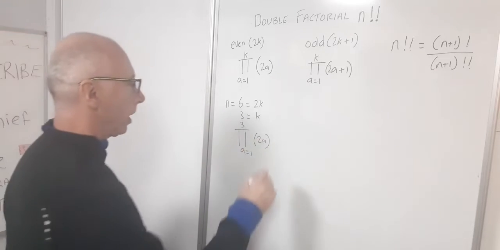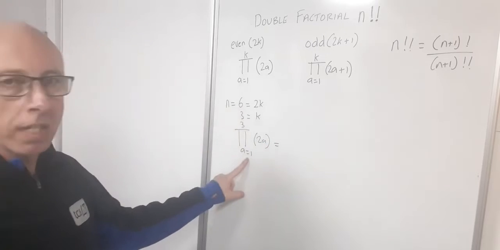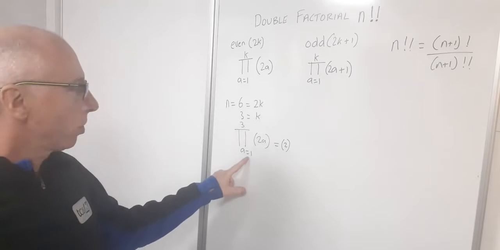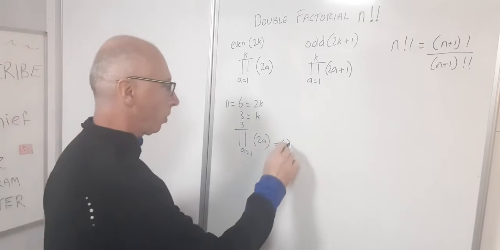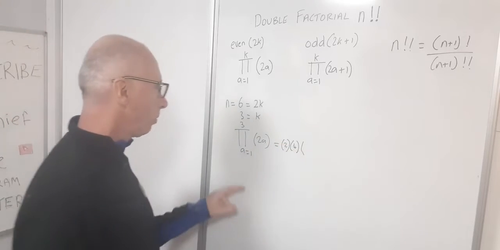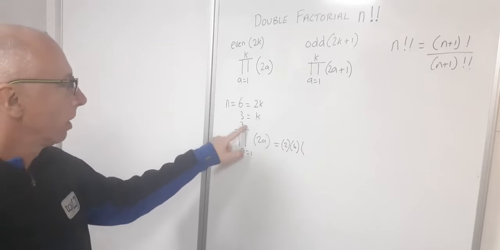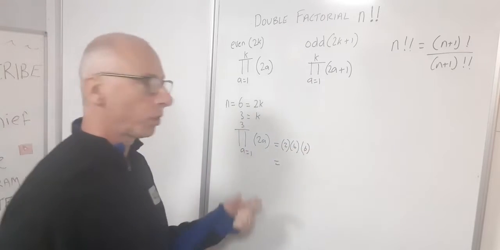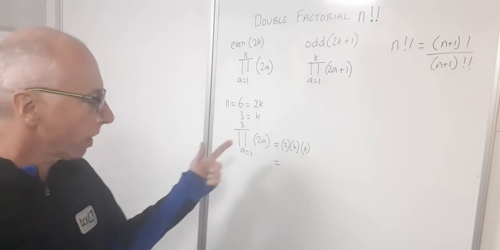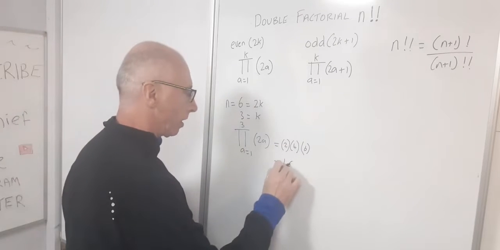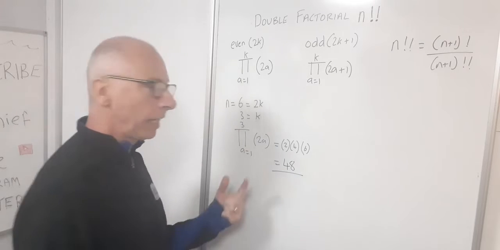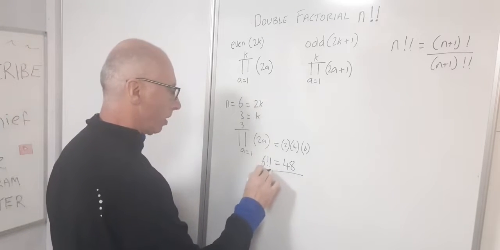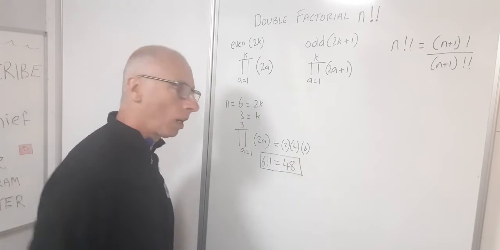When a is 1, we've just got 2. When a is 2, we've now got 4. And when a is 3, we've got 6. Then we've got 2 times 4 times 6; 2 4s are 8, times 6, that's 48. So that would be our 6 double factorial. So that takes care of our even number.